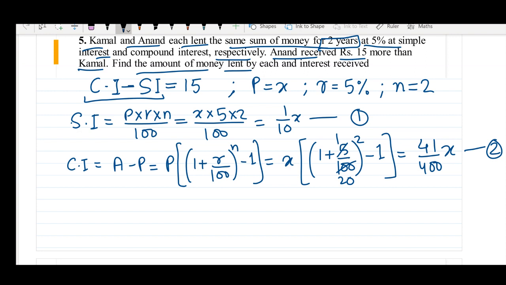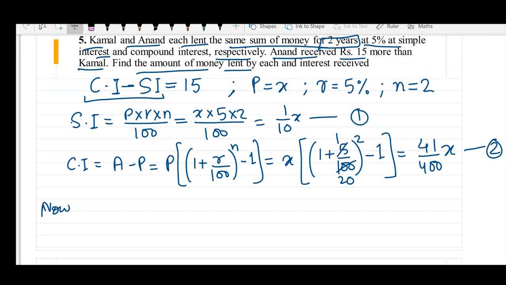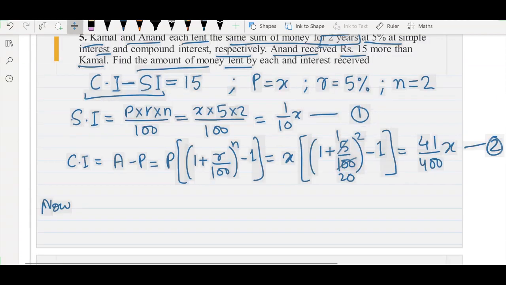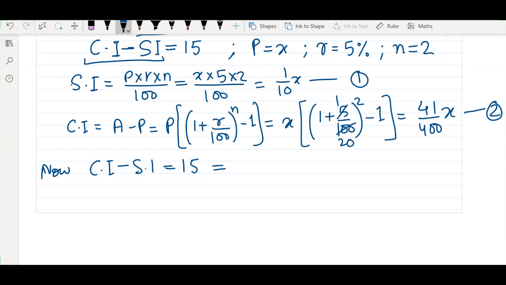Now the difference. CI minus SI is 15, or just by replacing the value, we will get 41 by 400 X minus 1 over 10 X is equal to 15. In order to subtract it, let's make this base same.